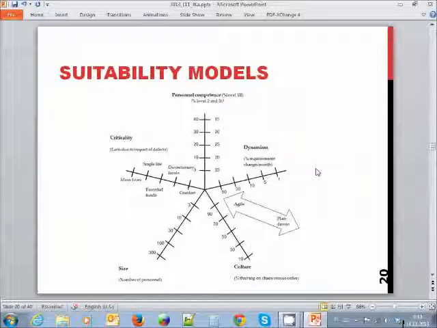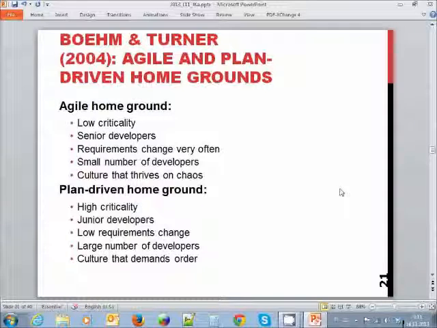And culture, this is more or less another thing from the Boehm-Turner method. How well the company is adjusted to working with uncertainty. How much chaos they like, how much order, or how much they need to know where exactly we are with the project. So with these things considered, we more or less know if the Agile approach will work.